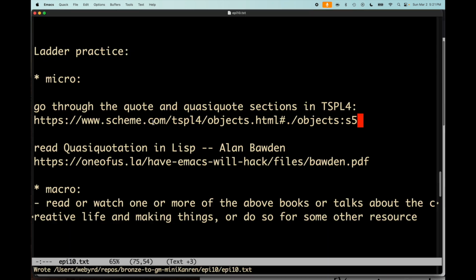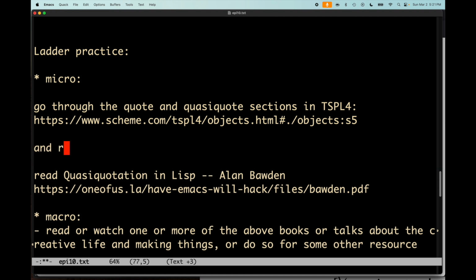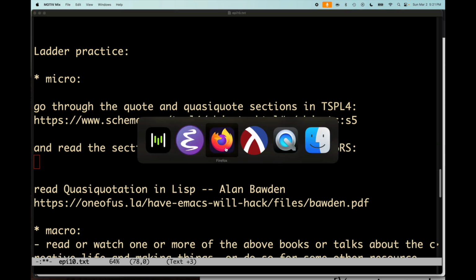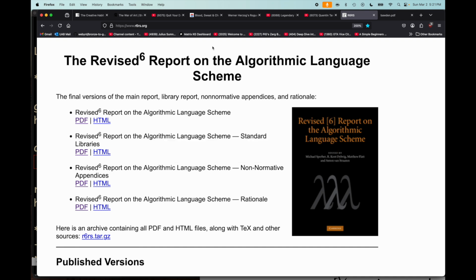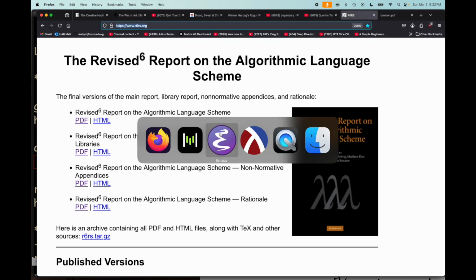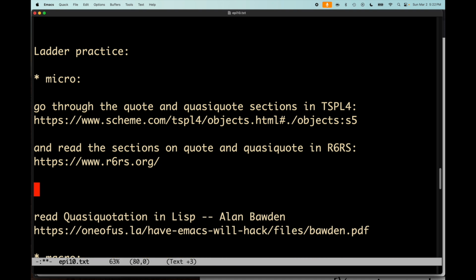In case you haven't done it, this is another chance to do it, okay? Just getting used to reading the report and trying out the examples in ShaScheme.